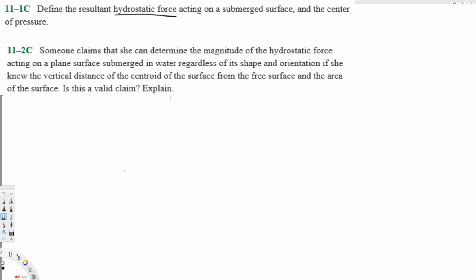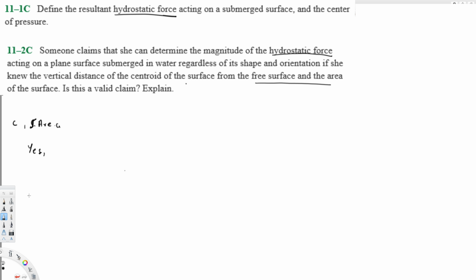So she is saying, yeah, if she knows the centroid and the surface area, can she determine the hydrostatic force? Can she determine? So the answer is yes.